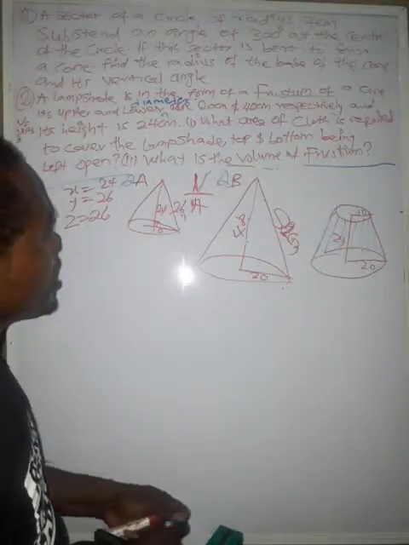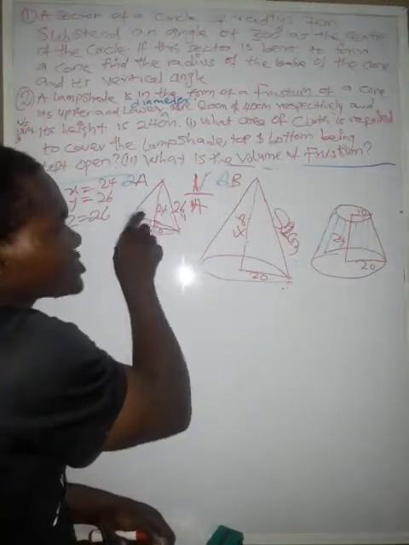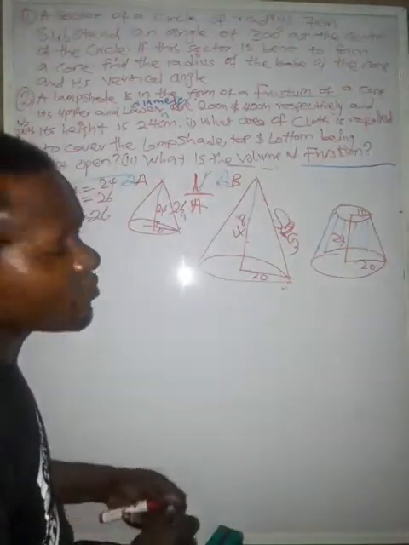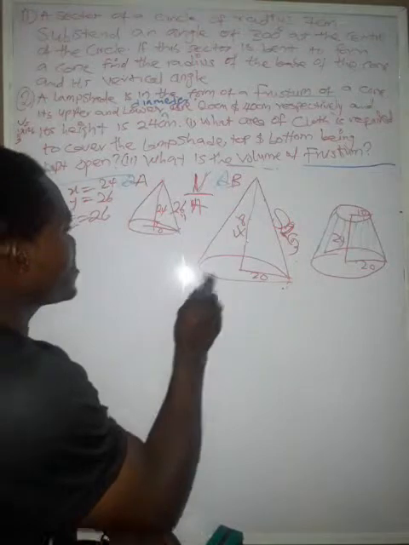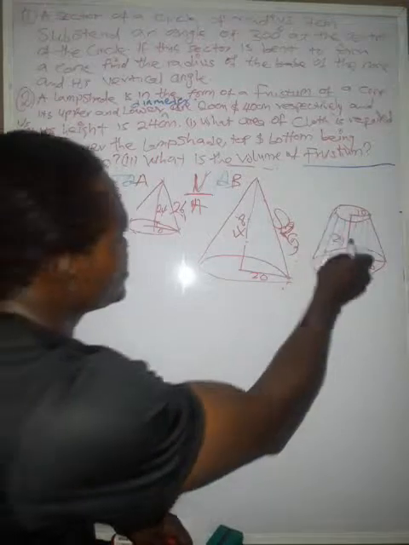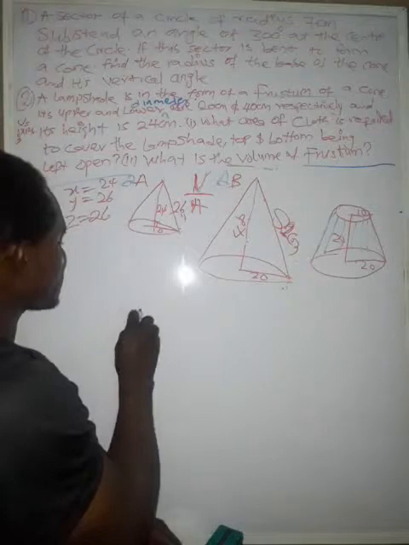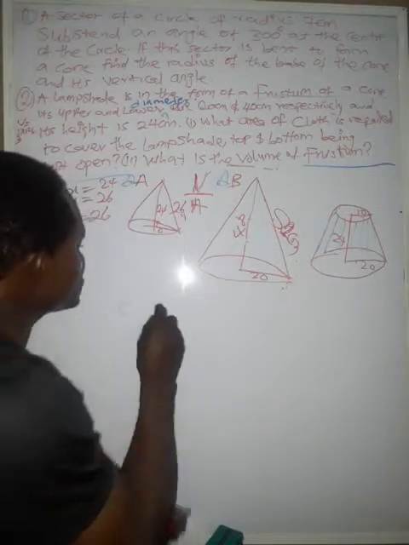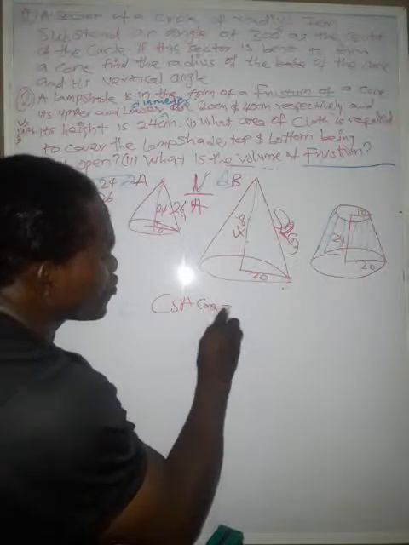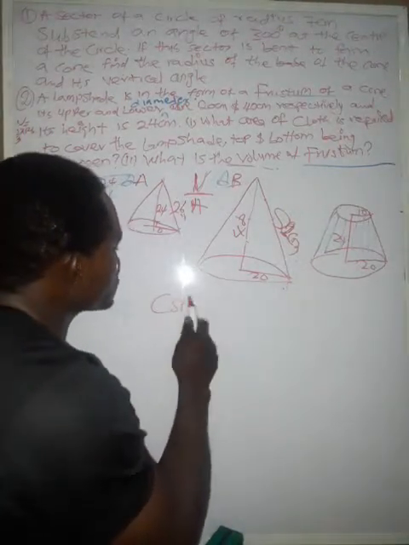So I need to calculate the curved surface area of the bigger cone and of the smaller cone, and subtract them from each other. The area of this shape is the area needed for the cloth. Let me call it curved surface area of the fulcrum.